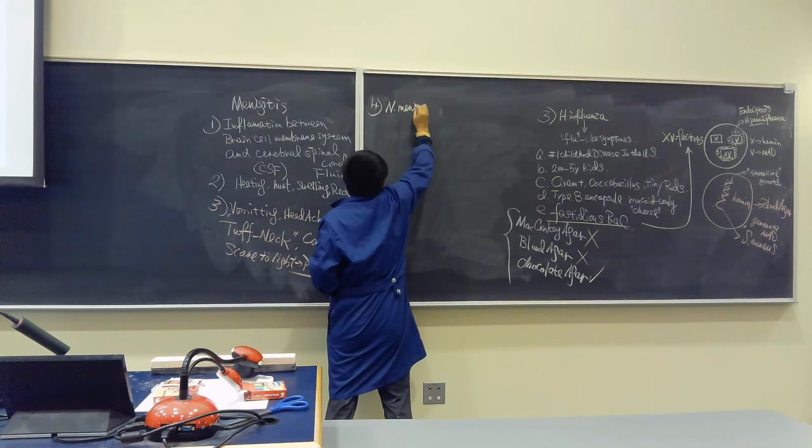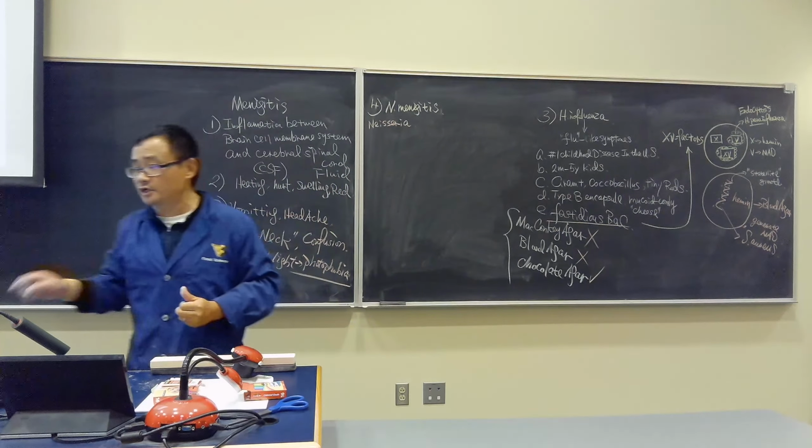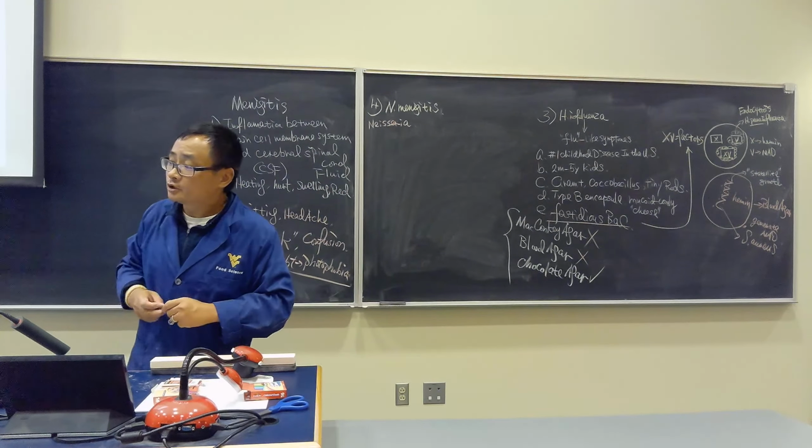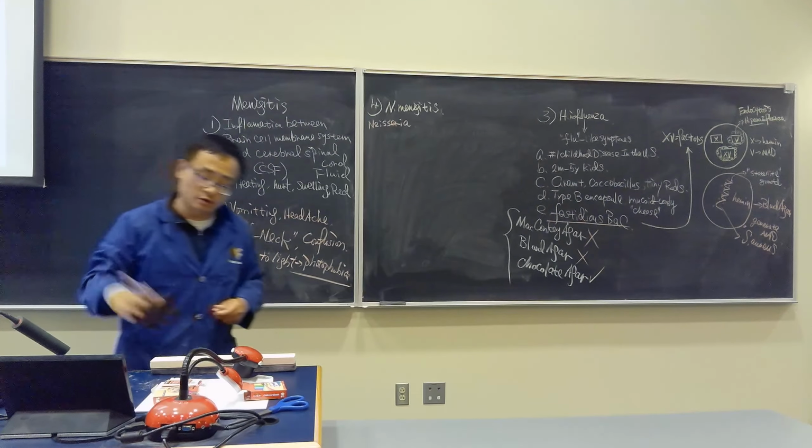Later on, we will mention another pathogen, Neisseria gonorrhoeae. Same genus name, different species name. So when you see Neisseria meningitidis, the genus name is Neisseria, and the species name is meningitidis. It will cause meningitis.